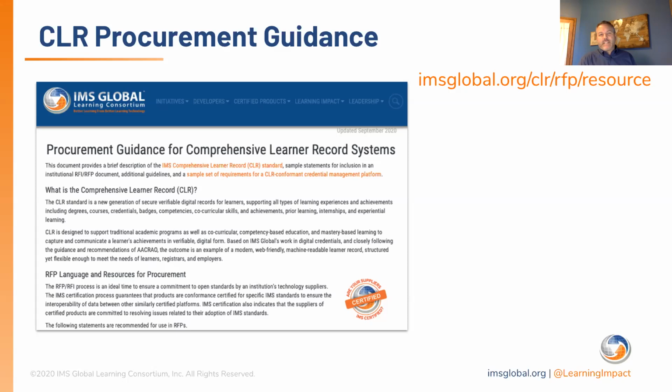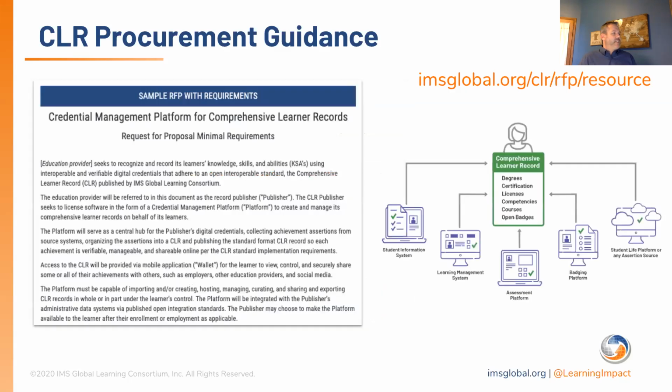It provides a little bit of information about the CLR standard, and then some details, sample language that can be used in RFPs, and also some sample requirements for a CLR-based system. Not all the content here may be applicable to your project, but it's a starting point for at least understanding all the different features that can be available in a CLR compliant system.